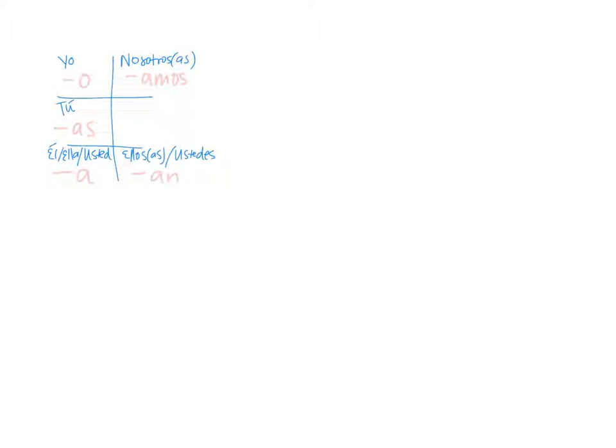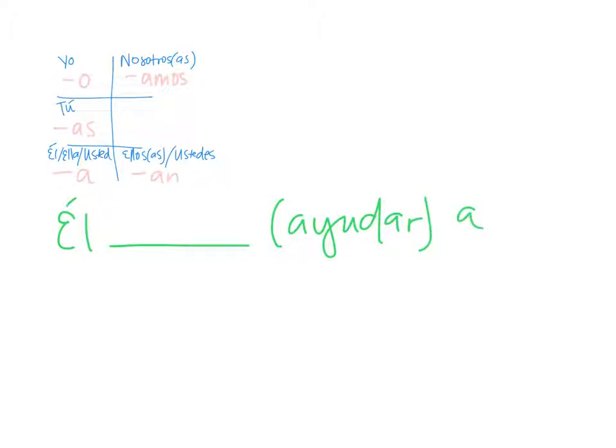So what is a regular AR verb? Well, as you remember before, a regular AR verb is one that's going to follow this pattern every time. So if I write a sentence like Él blank a su madre, and I want to use the verb ayudar, I'm trying to say he helps his mother.